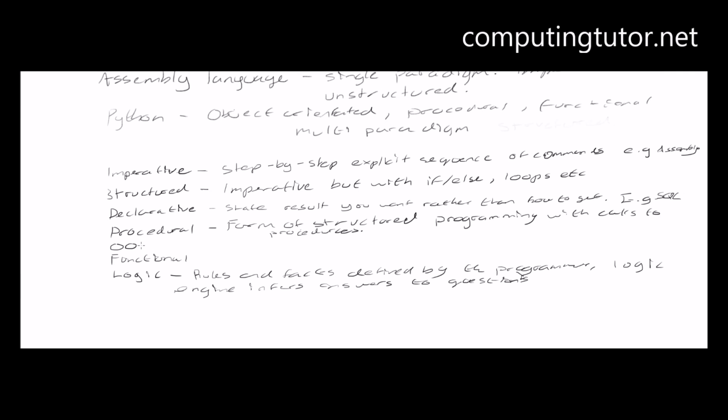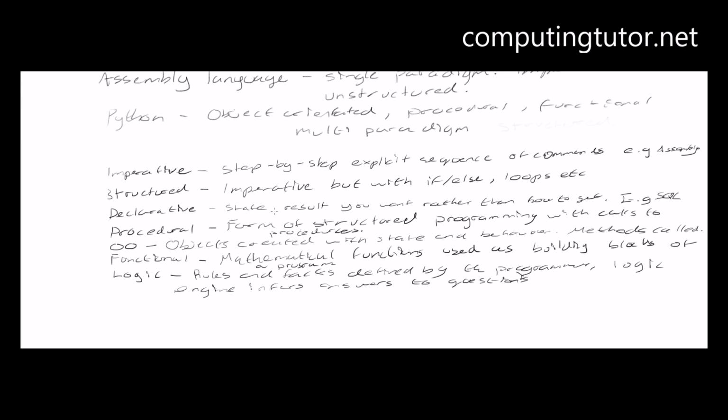We've got object-oriented programming, this OO here. And in object-oriented, what you have is objects created which have a state and behavior, and then the computation in your program is done by calling the object's methods. Then we've got functional programming here, which you'll learn about if you're doing A-level computer science. Functional programming is where we've got mathematical functions that are used as the fundamental building blocks of a program.